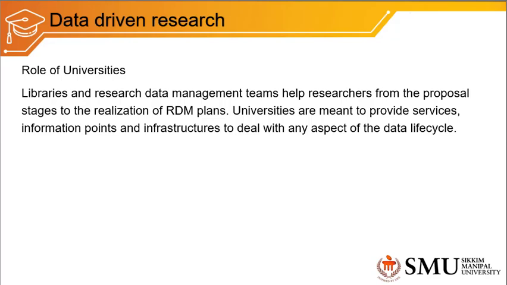Libraries and research data management teams help researchers from proposal stages to realization of research data management plans. Universities are meant to provide services, information points, and infrastructures to deal with any aspect of the data lifecycle. It also involves that a government or an international agency can ask for the project data if they want to replicate the findings or test the methodology again.